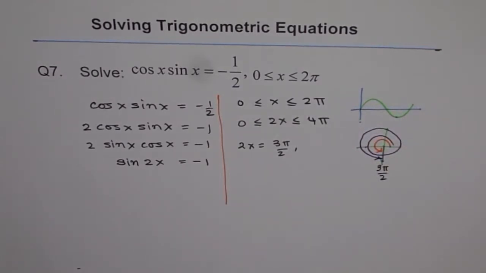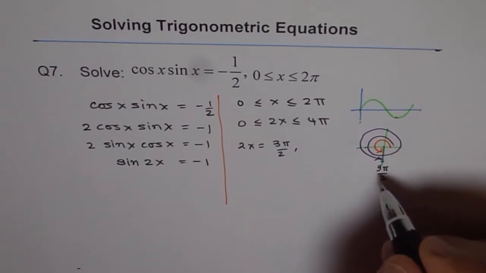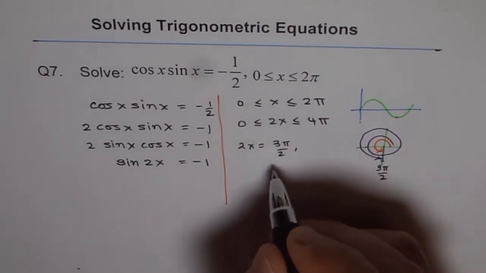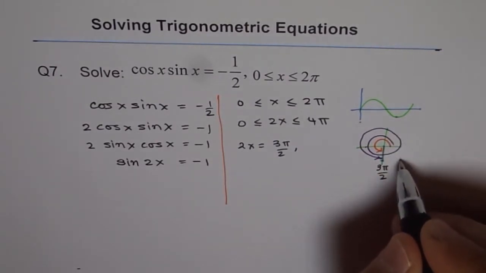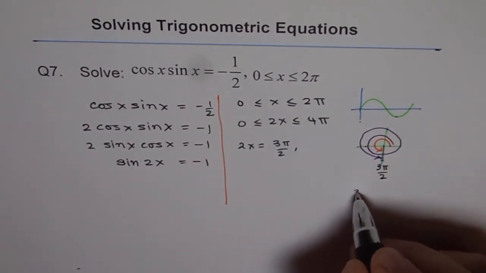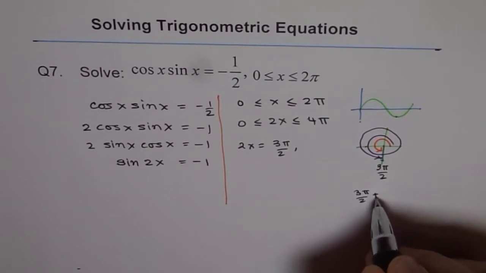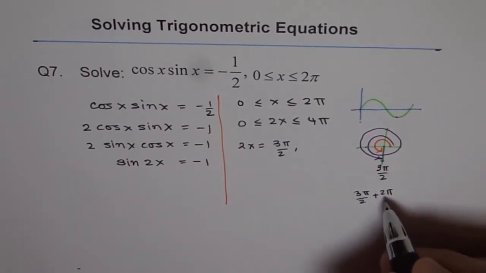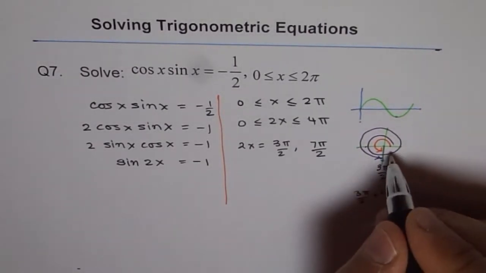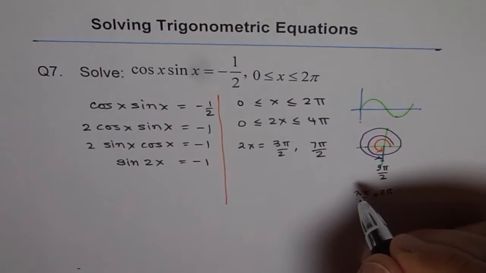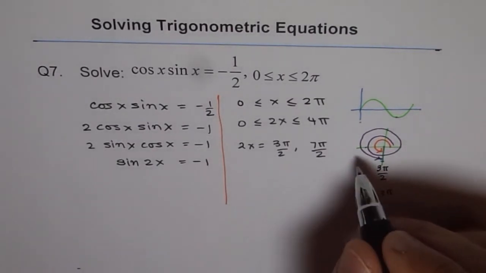So 3 pi by 2 plus 2 pi, one more circle. 2 pi is 4 pi by 2, and 4 plus 3 is 7, which is 7 pi by 2. So there are these two solutions for this.